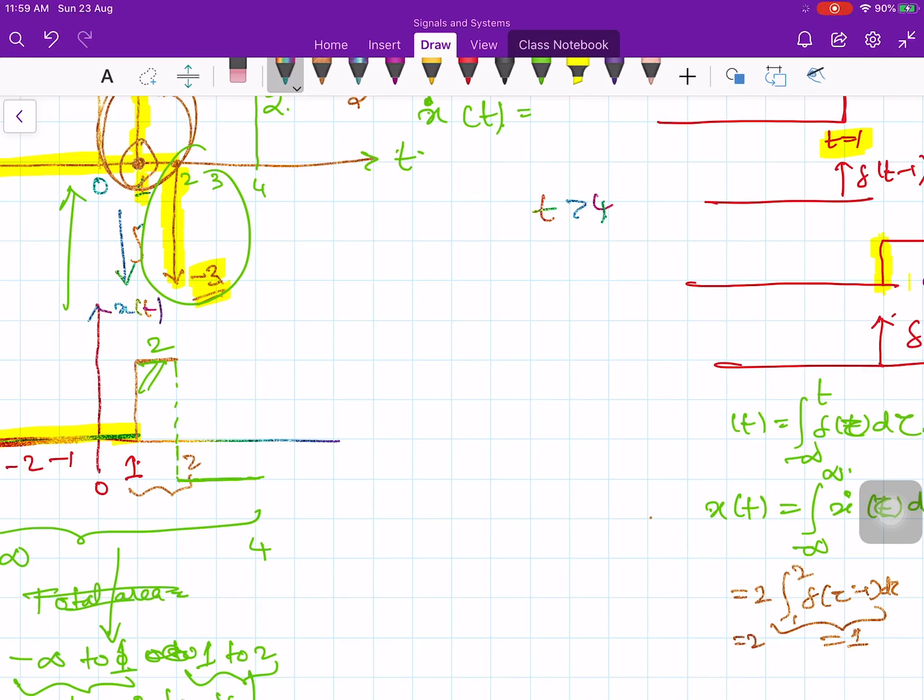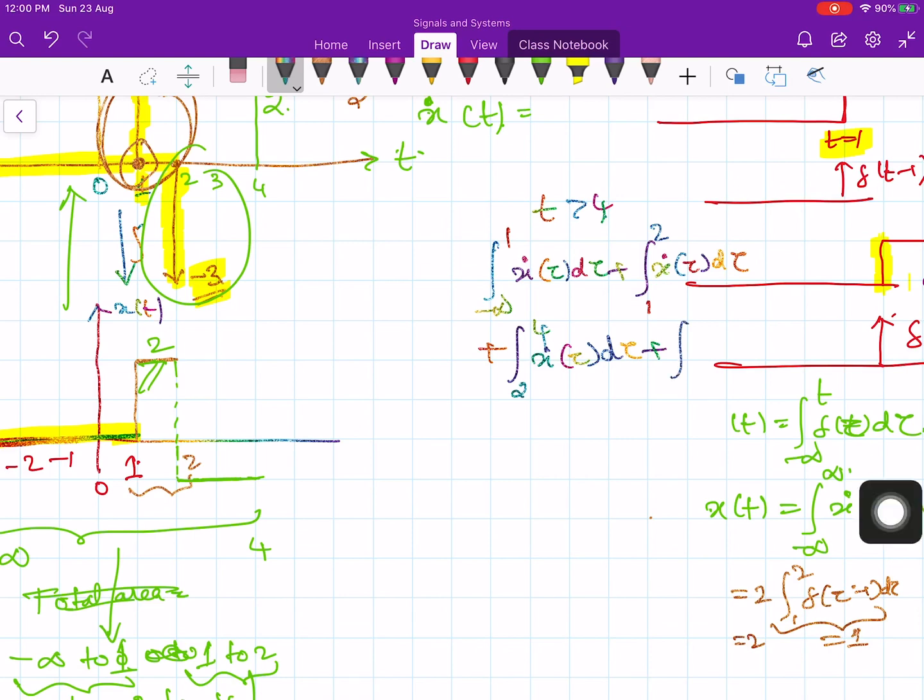Then you have the integral of minus infinity to 1 of x dot of tau d tau, plus the integral of 1 to 2 x dot of tau d tau, plus 2 to 4 x dot of tau d tau, plus 4 to infinity x dot of tau d tau. So these are the different integrals. You can split like that.